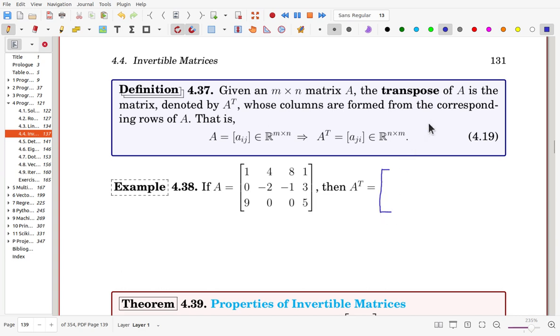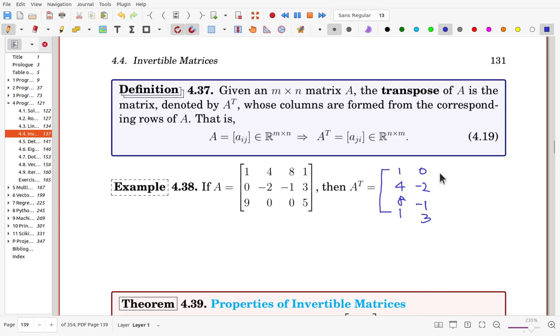In the definition, we say that the columns are formed from the corresponding rows of A, and each column in A transpose is formed from rows, which means the first row goes to the first column, 1, 4. The second row goes to the second column, 0, -2, -1, and 3.